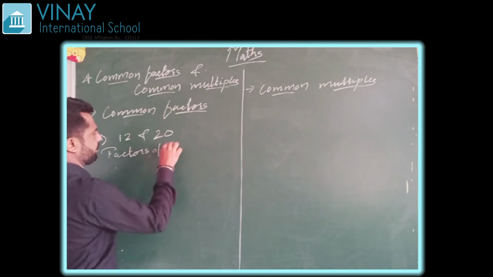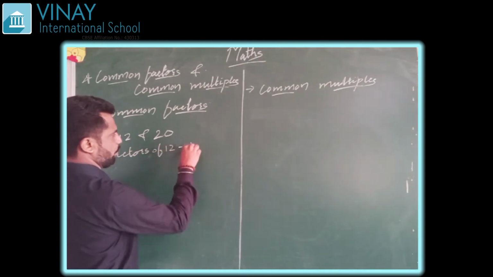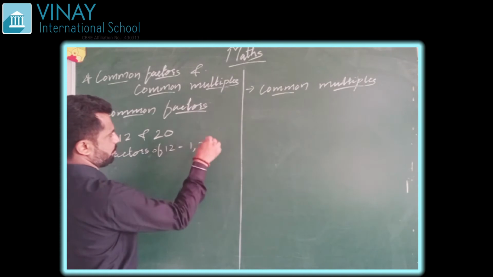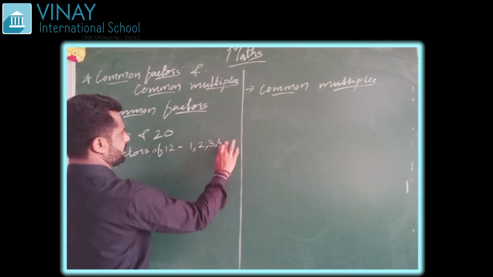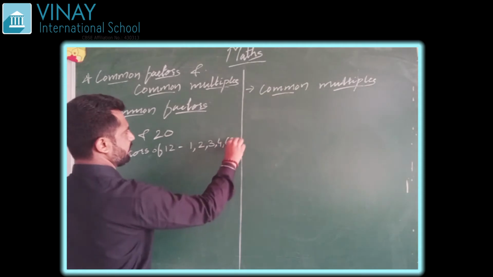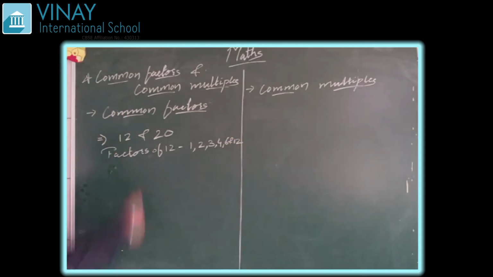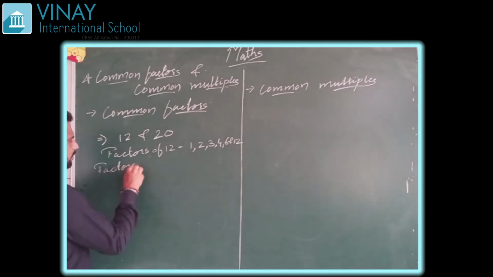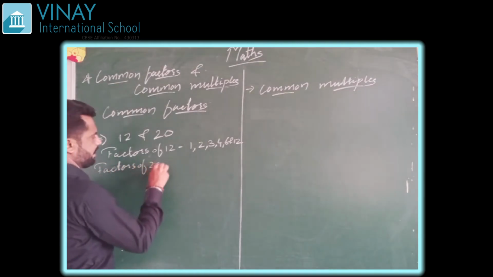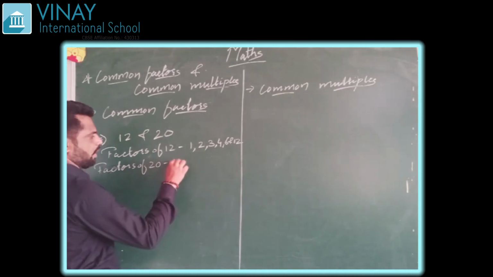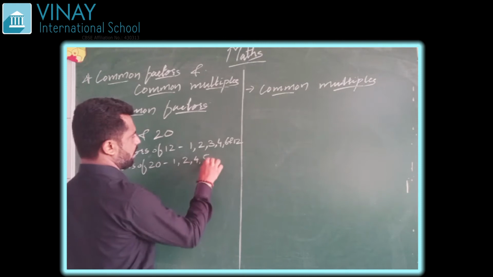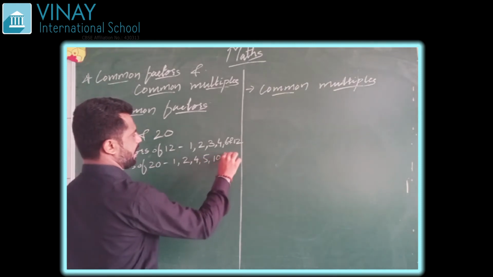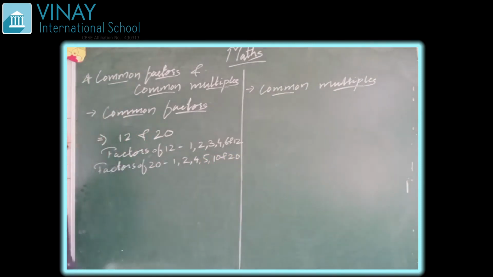Factors of 12 are 1, 2, 3, 4, 6 and 12. Now same here, factors of 20 are 1, 2, 4, 5, 10 and 20.